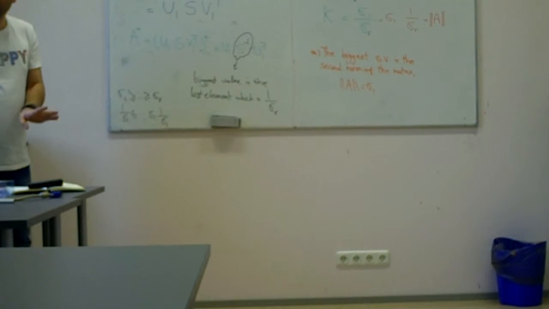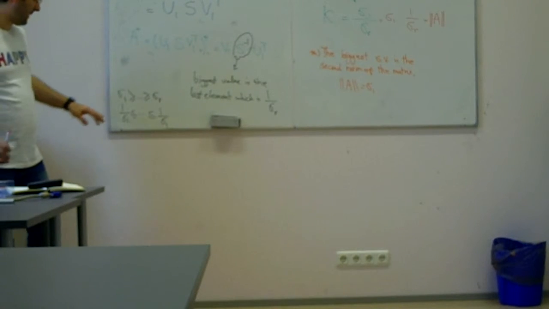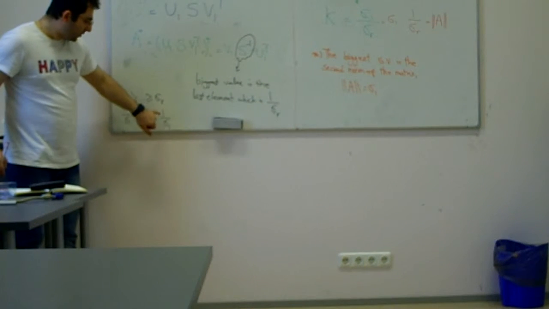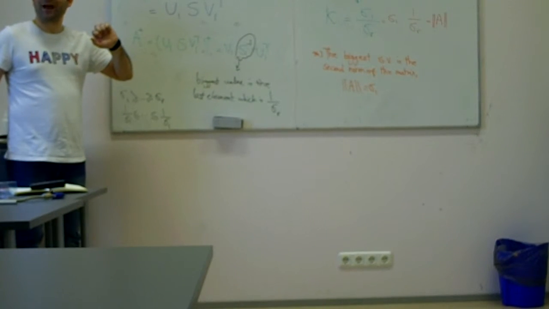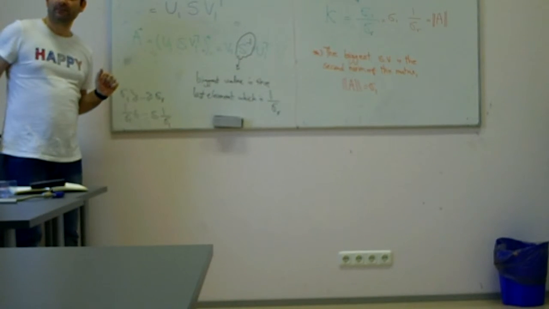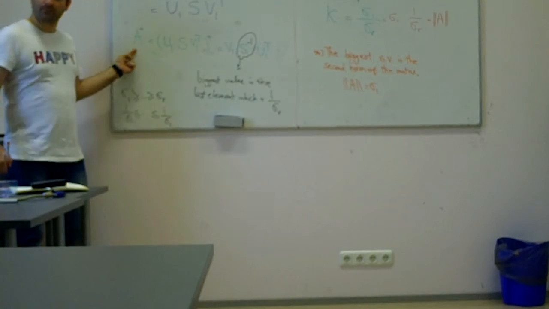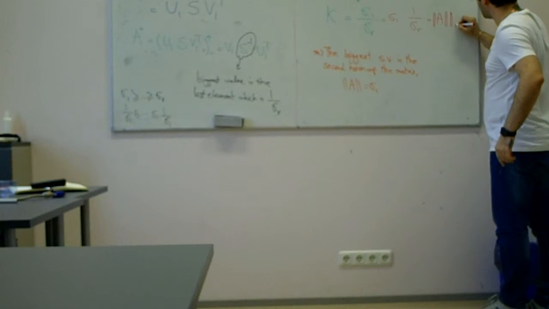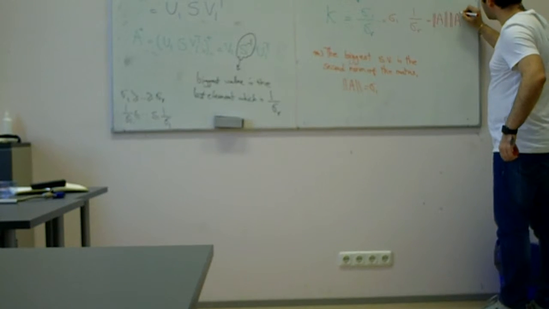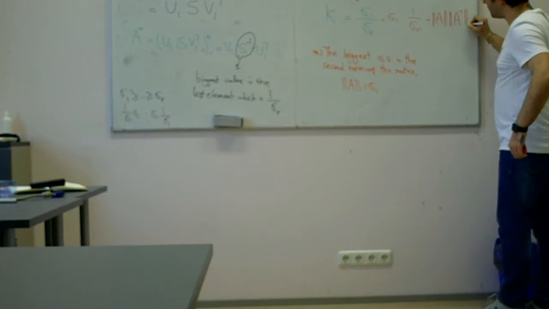Do you agree with this? So 1 over sigma R is the biggest singular value of which matrix? This matrix. And in case of our situation, this is the second norm of A inverse.